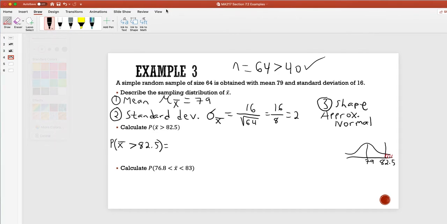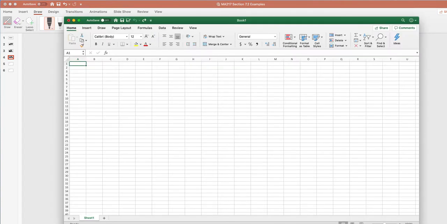Very small area. But in Excel, since we want the area to the right of that, it's going to be 1 minus norm.dist of 82.5, 79, 2, true. And typing that into Excel, let me switch over to that.